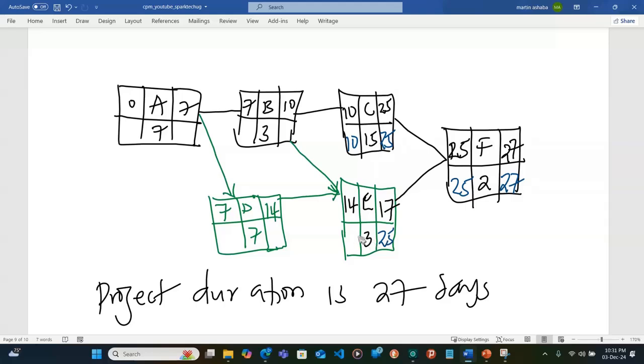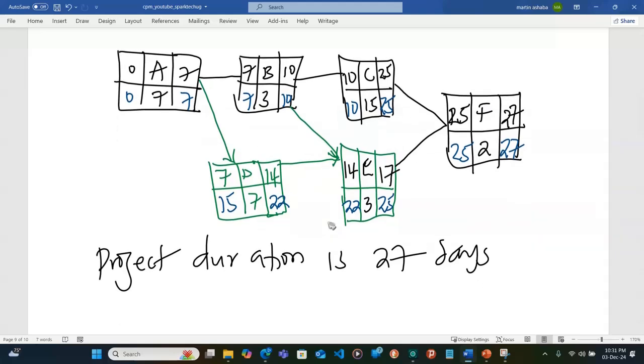When I subtract here, 25 minus 3, that is 22. So 22 minus 7, this is 15. This is 10 also, and that is 7. So that is 7, obviously, and this is going to be 0.